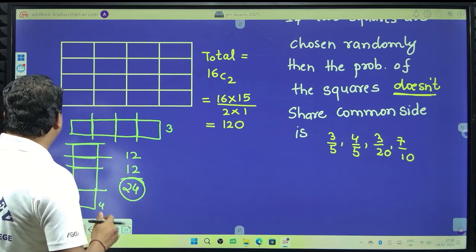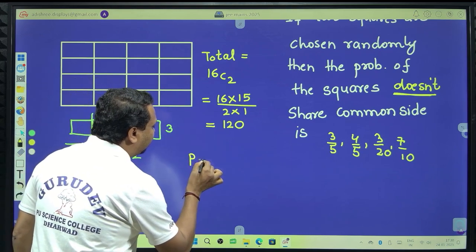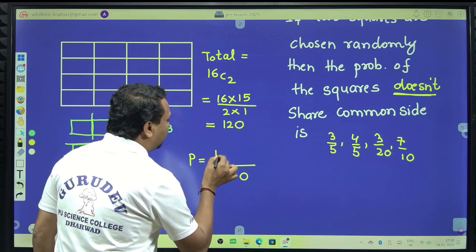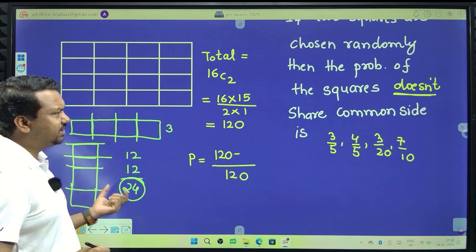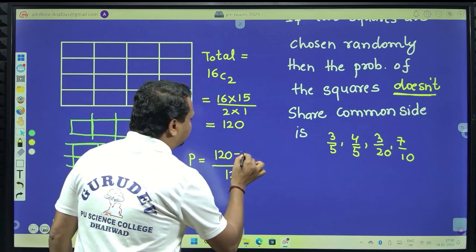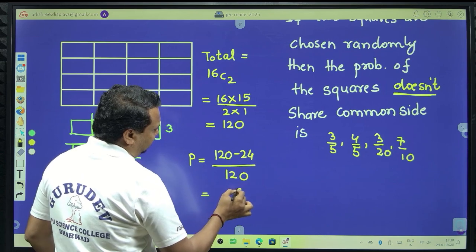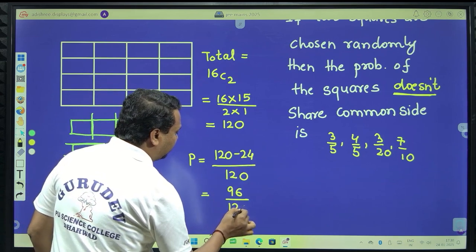Now what is the required probability? It is the total possibilities minus the adjacent ones, that is 120 minus 24, which is 96 divided by 120.